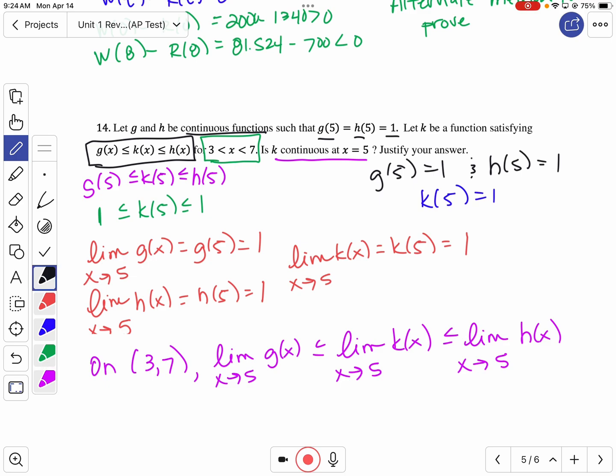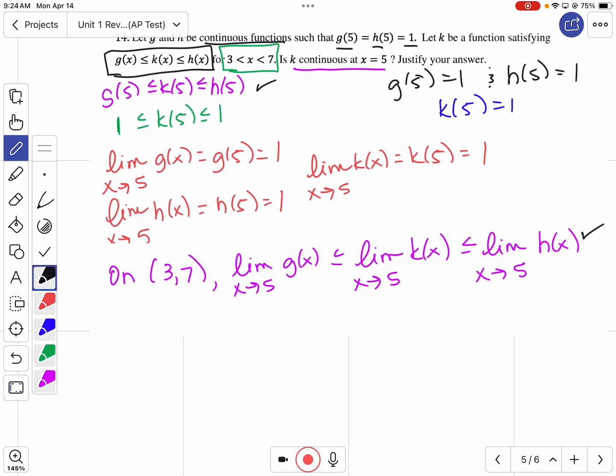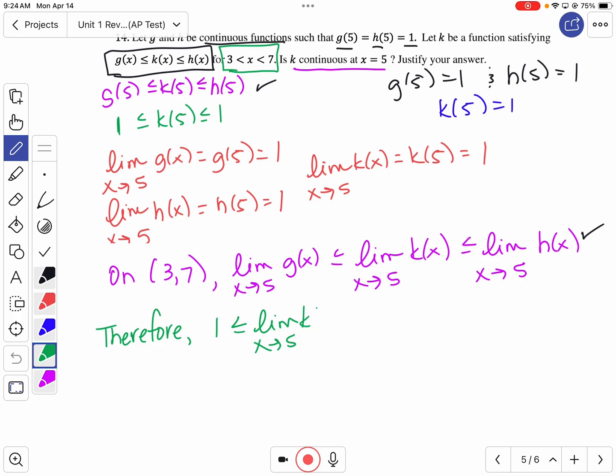It was true for the function, it's true for the limits. Therefore, because we're speaking only of k, we're going to take that limit as x approaches 5 of k.